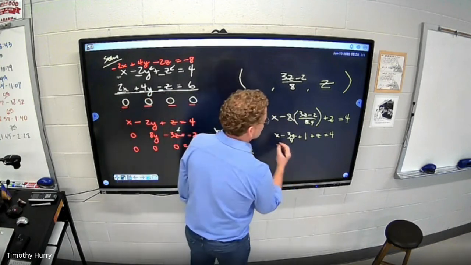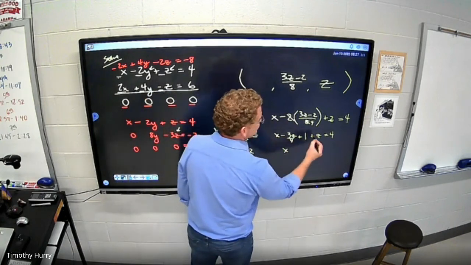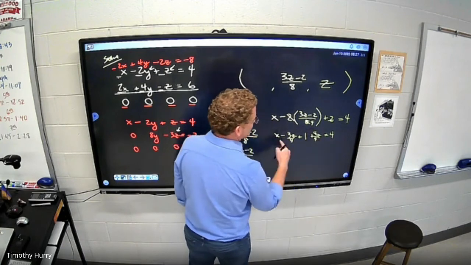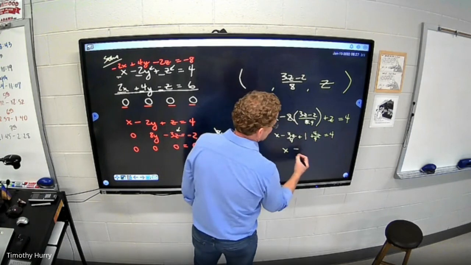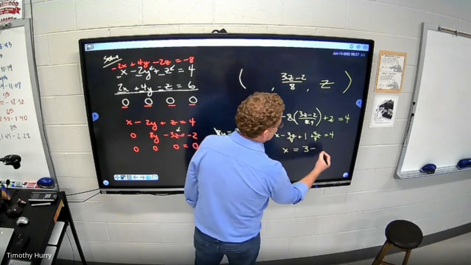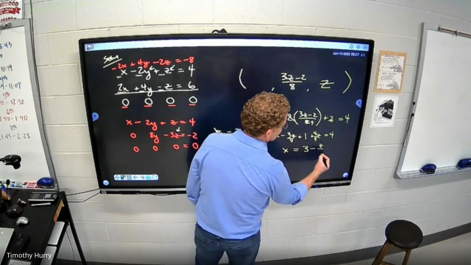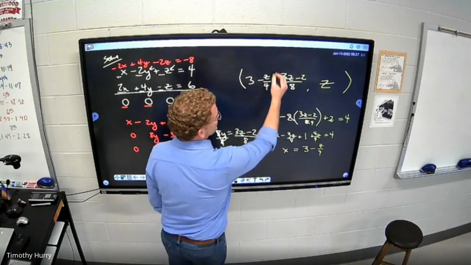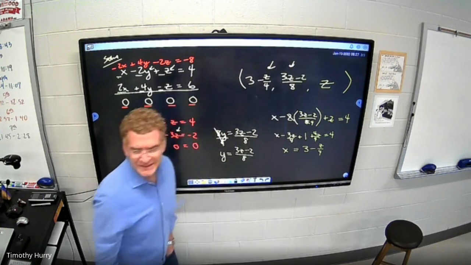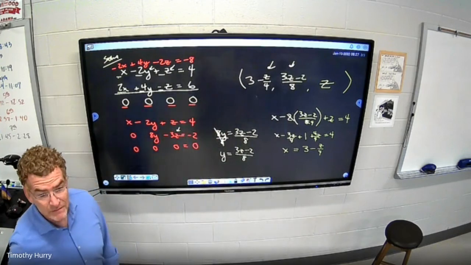And that shouldn't be too bad. This and a 4z over 4 give me a 1/4 of a z. So I am going to move that 1 over and subtract a 1/4 of a z. And that would be my x coordinate. And again, I usually make these a little bit easier to deal with if it's a problem on your test.